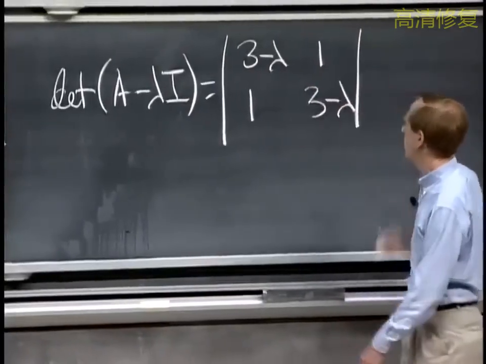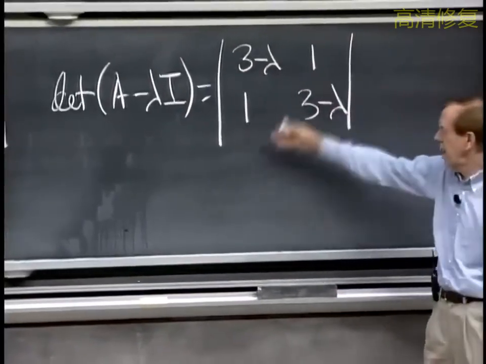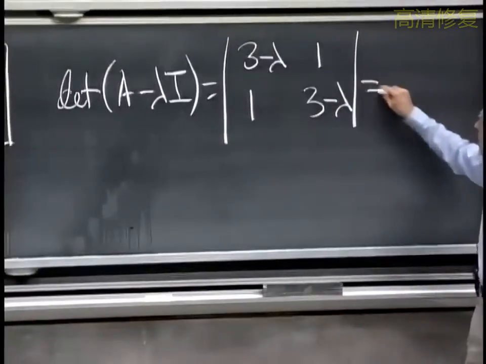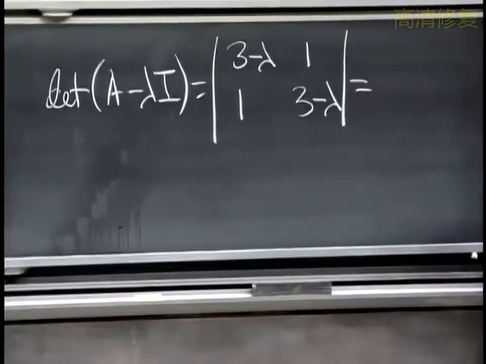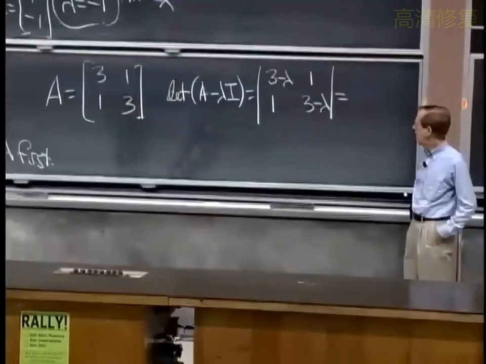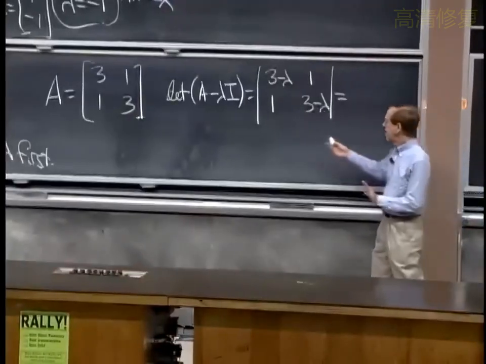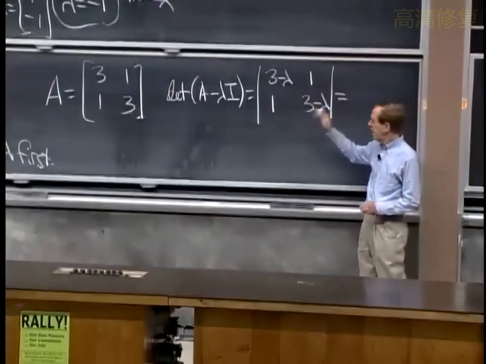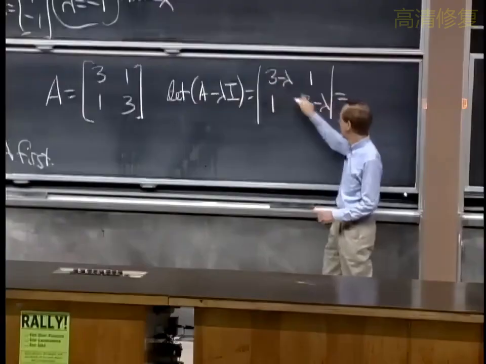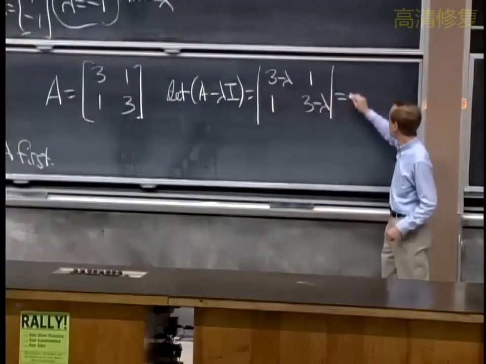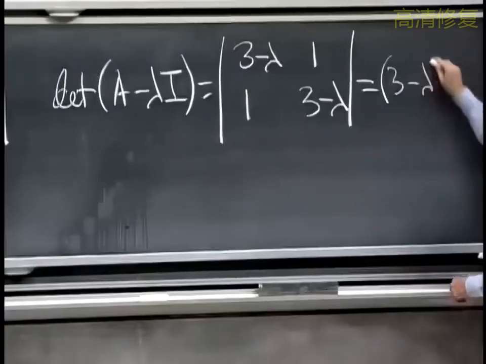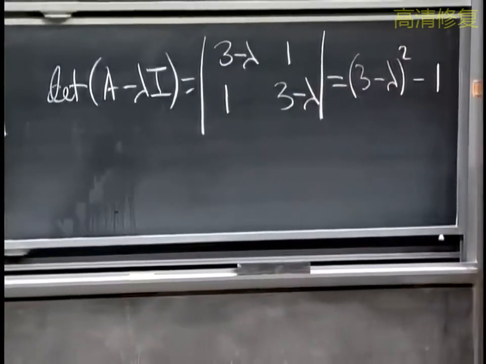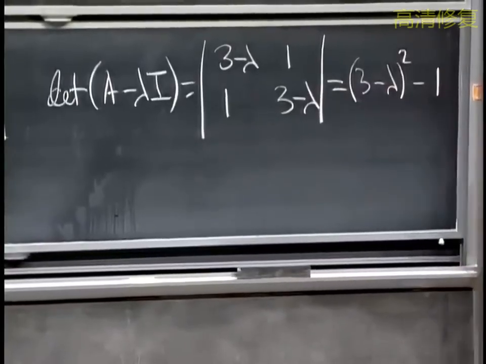So the diagonal is shifted, and then I'm taking the determinant. You notice I didn't take lambda away from all the entries. It's lambda I, so it's lambda along the diagonal. So I get 3 minus lambda squared and then minus 1, right? And I want that to be 0.